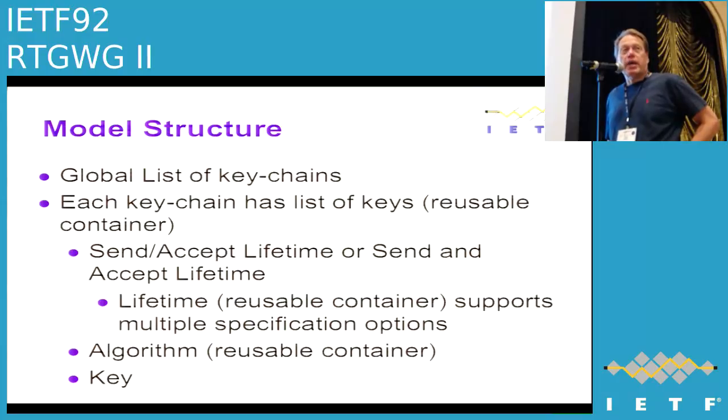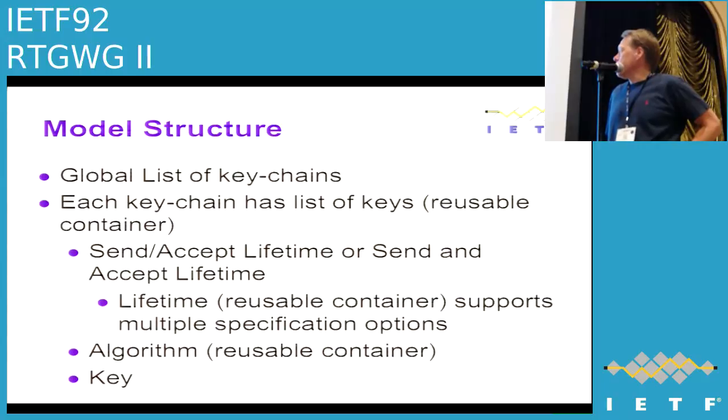And within each keychain, you have keychain entries. Right now it's key, but in the next revision of the draft, I'm going to change it to keychain entries to avoid confusion between the key itself, the string, and to be consistent with the ACL model, which has the access list entry. And then you have a send and accept lifetime, or only one lifetime for the key.